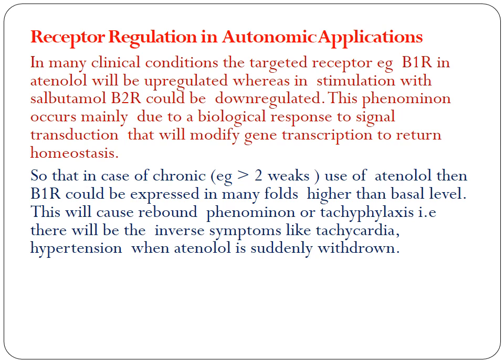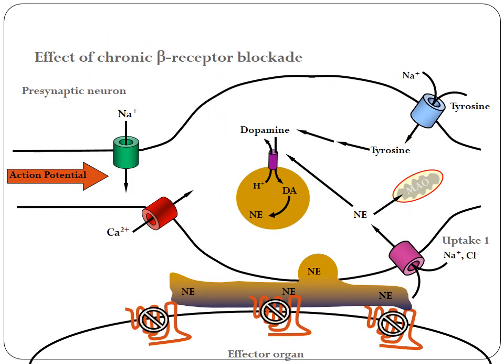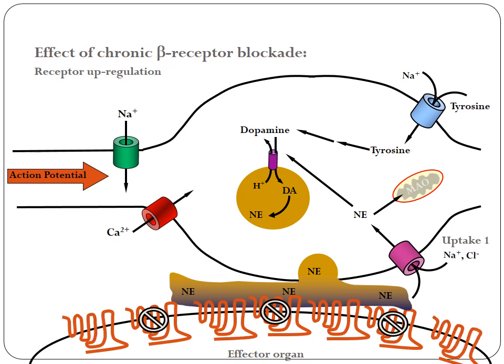We have something called receptor regulation in the autonomic application. What do we mean by receptor regulation? When we are about to block, for example, the adrenergic receptor, when we block these adrenergic receptors, there will be an increase in the amount of receptor.